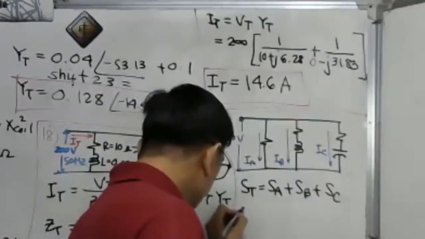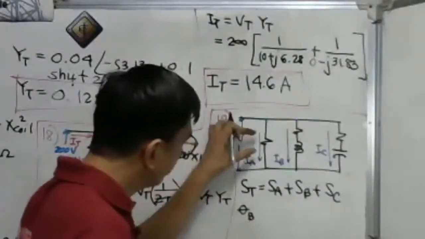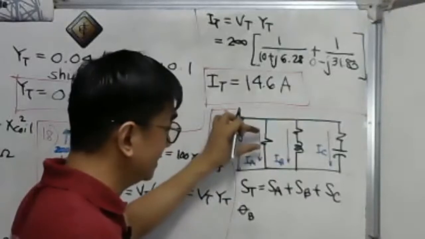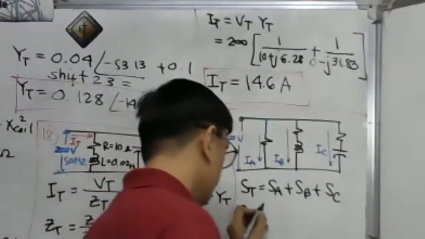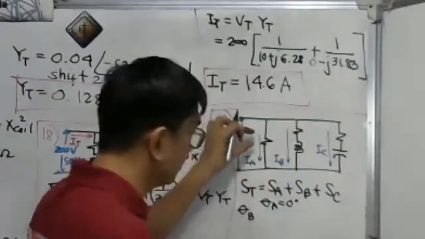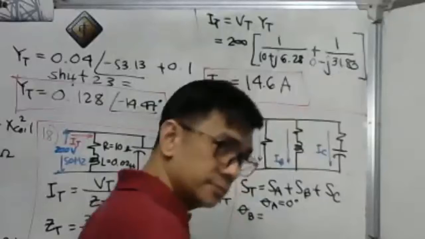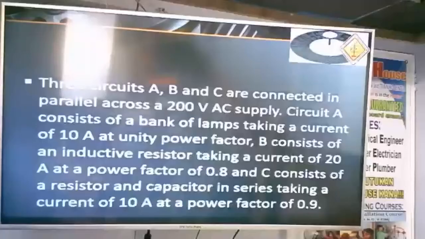First, we have to get the angles. For our first branch, theta A is 0 degrees because that is purely resistive. Theta B is given by the power factor, 0.8.